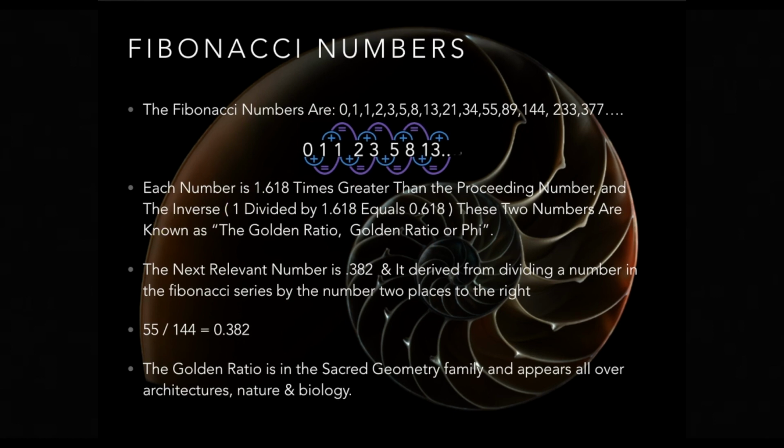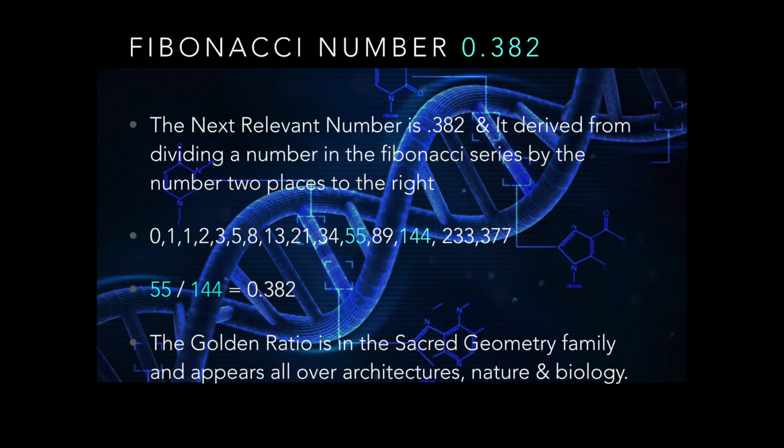The next number in the Fibonacci world is 0.382, and that number is derived from dividing a number in the series by the number two places to the right. Universally, the next relevant number in the sequence is 0.382.